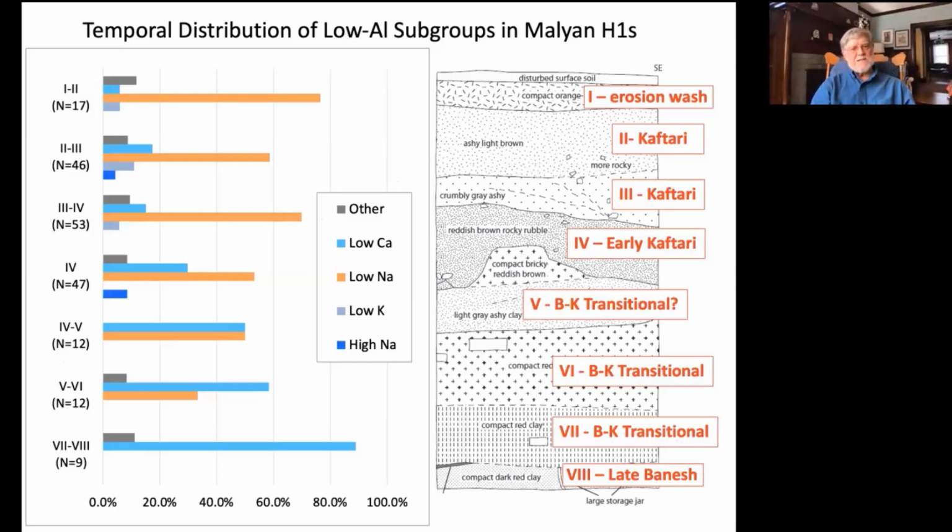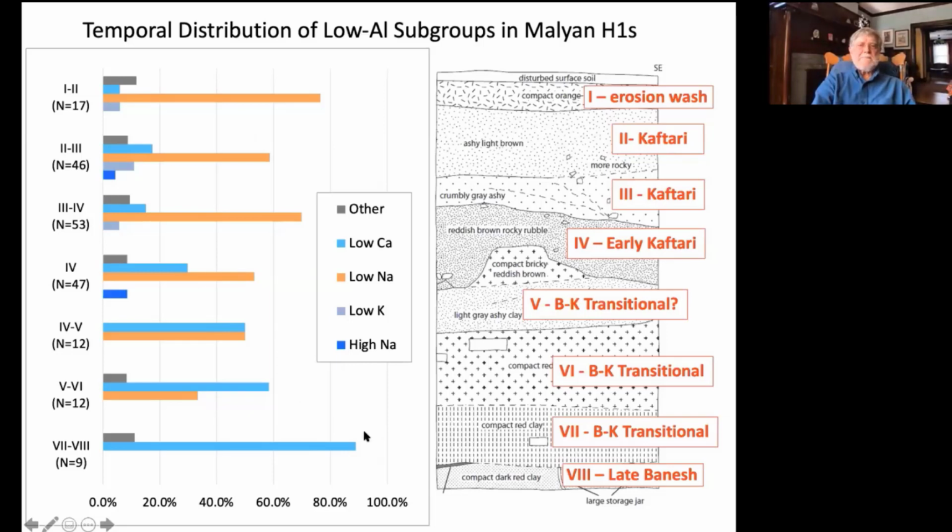Again, we're looking at these low aluminum subgroups, and the data in this chart is all from the H1 sounding, where I've labeled the strata and the periods, and on the left-hand side you can see the proportions of the ceramics from each of those stratigraphic units that fell into each of the compositional groups.